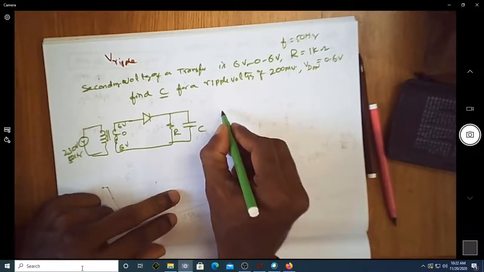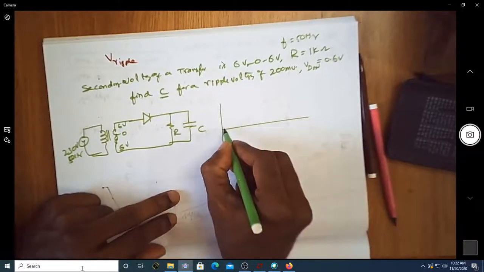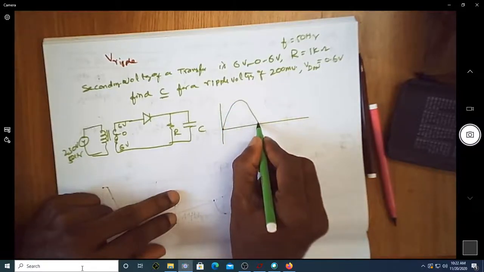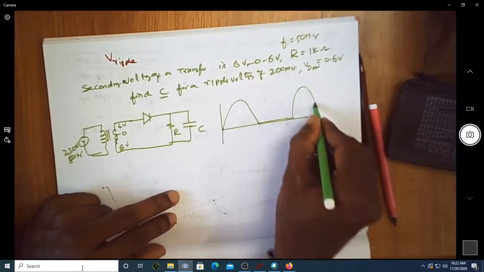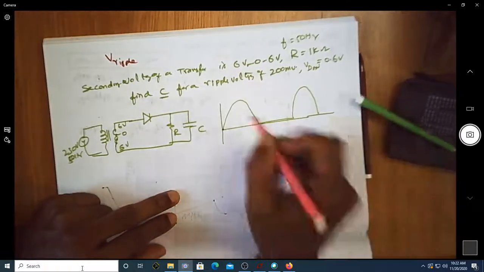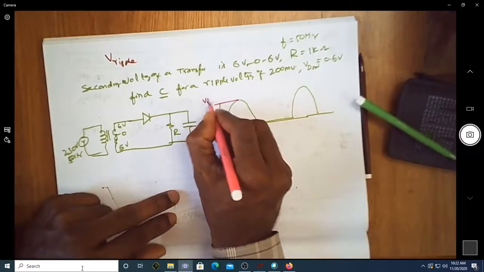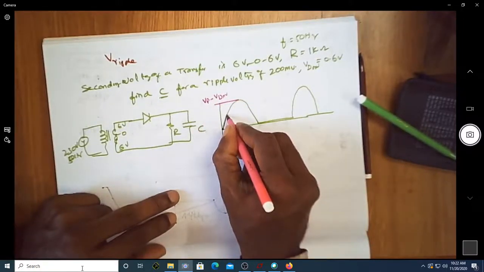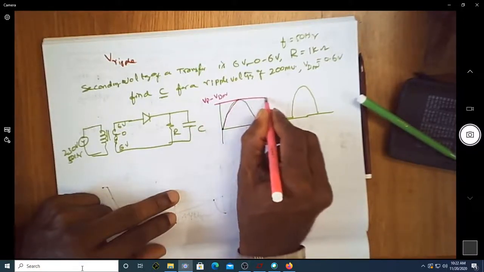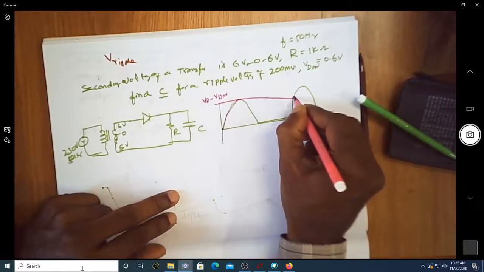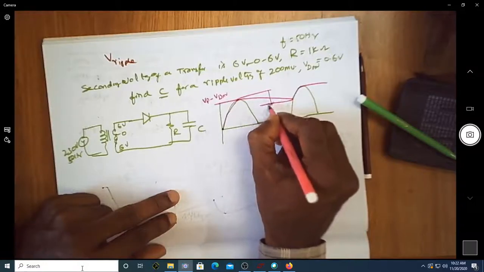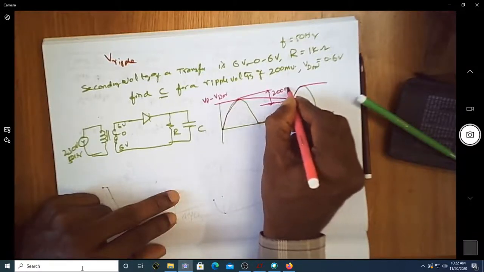So the waveform would be something like this. We're going to have this as the half wave rectified signal. This is Vp minus Vd on, and it goes till here and then comes down here. This is what we are looking at to be 200 millivolt only.